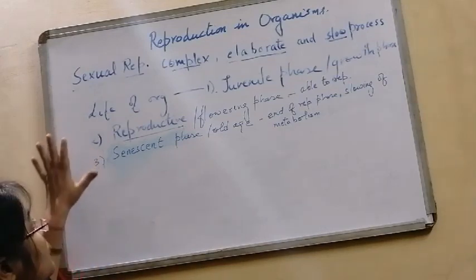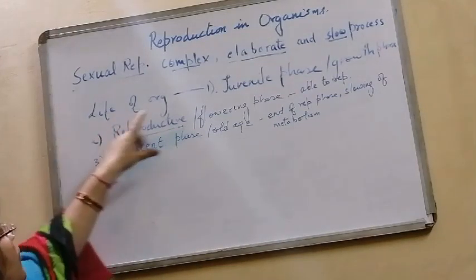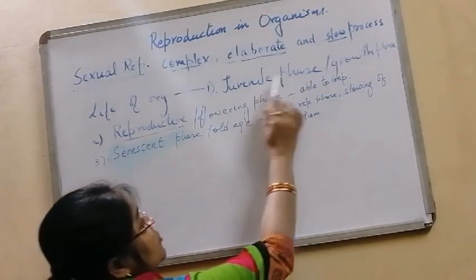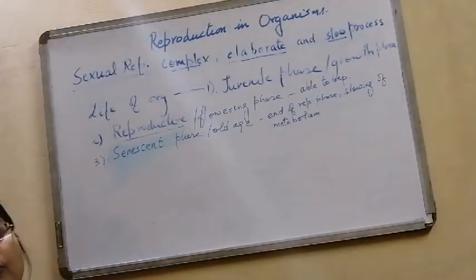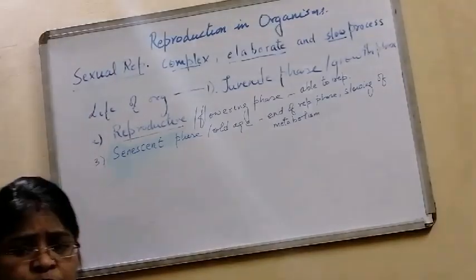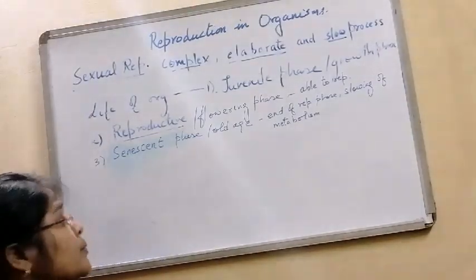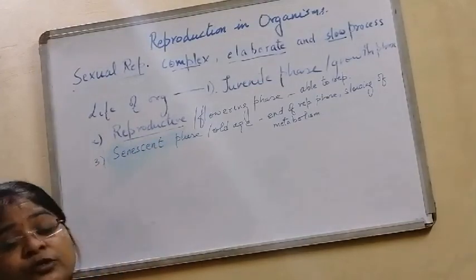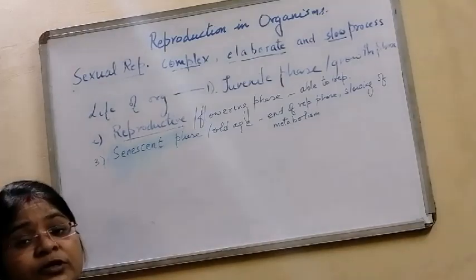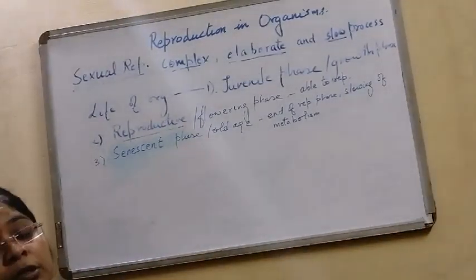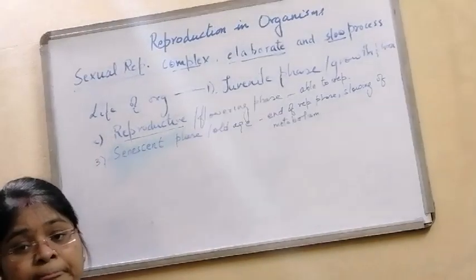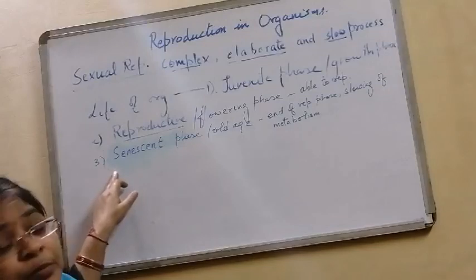Before we move into that, let's see that the life of an organism is divided into three phases. Juvenile phase, which is your growth phase, like all of you have grown from childhood to adolescence, where your body grows. Then comes the reproductive phase or flowering phase, whether it's a plant or an animal, when they are able to reproduce and give birth to young ones.